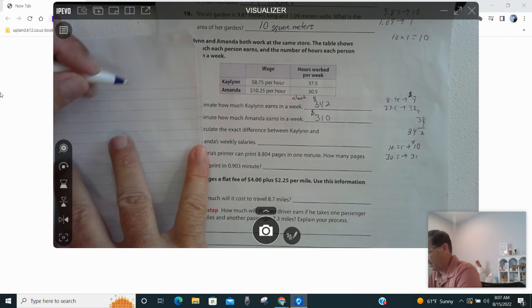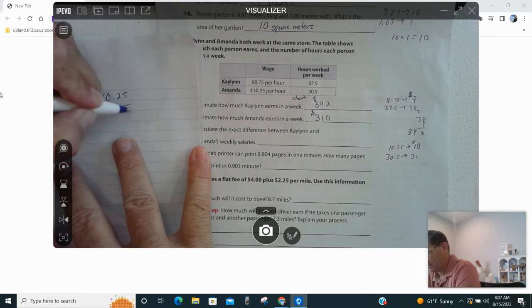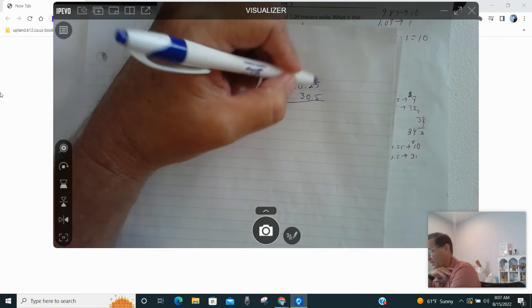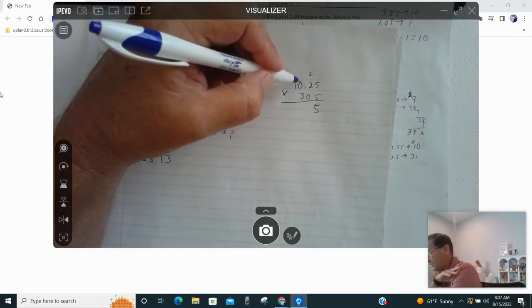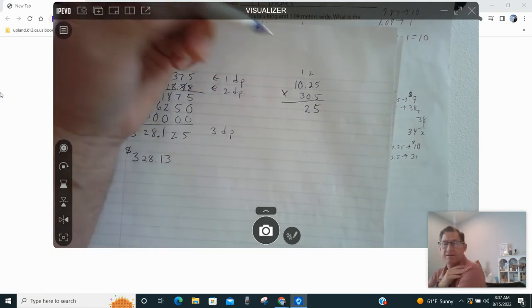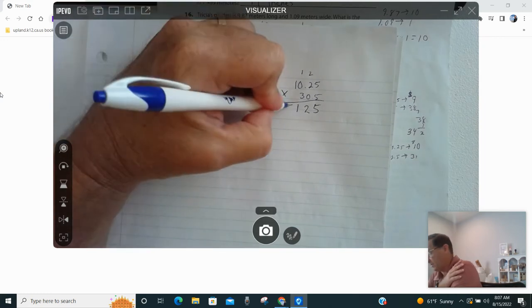Amanda's is $10.25 for 30 and a half hours. 5 times 5, 25. 5 times 2 is 10, plus the 2 regrouped, 12. 5 times nothing is 0, plus the 1 regrouped is 1, and 5 times 1 is 5.